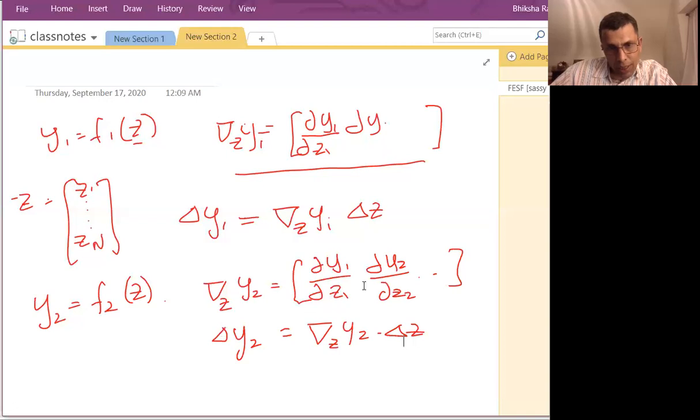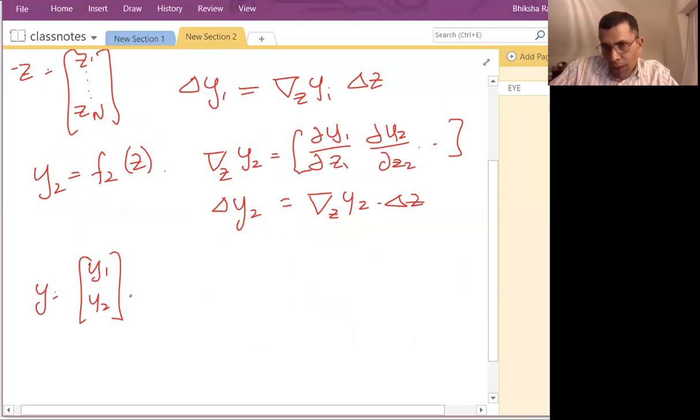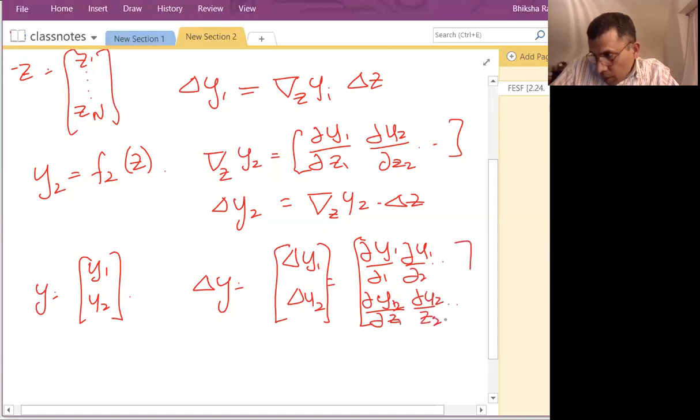Now, if I stack y1 and y2 together into a vector y, then delta y is going to be delta y1, delta y2, which I can write as the partial derivative of y1 with respect to z1, partial derivative of y1 with respect to z2, etc., stacked on top of the partial derivative of y2 with respect to z1, partial derivative of y2 with respect to z2, etc., times delta z.